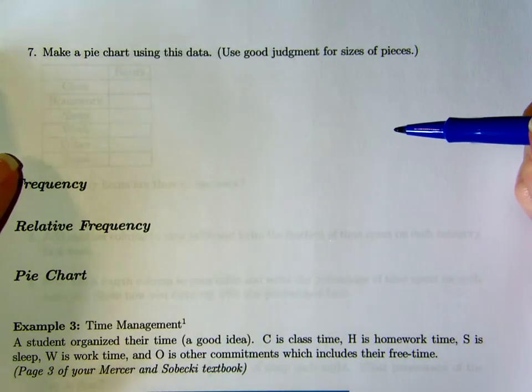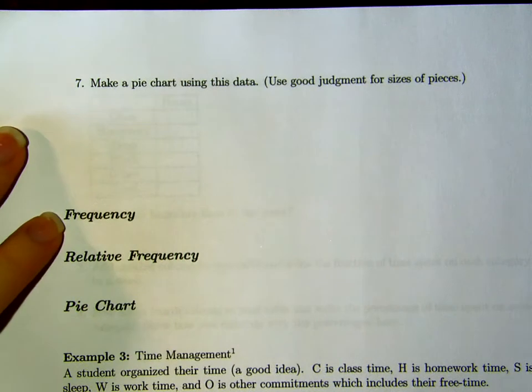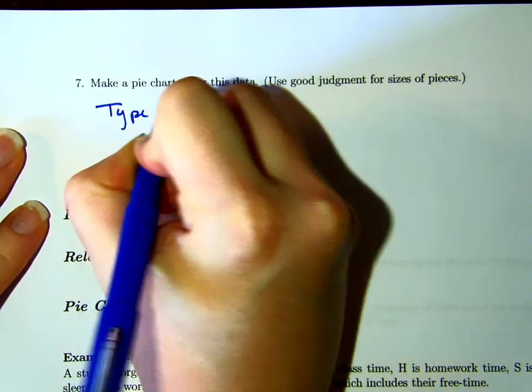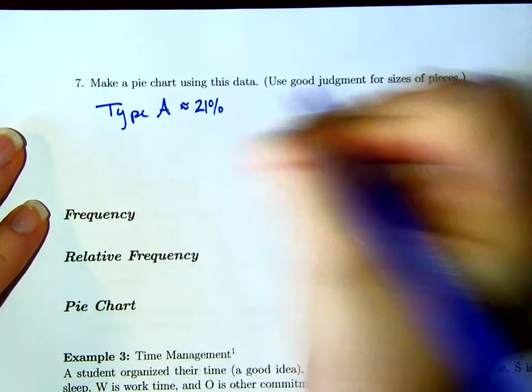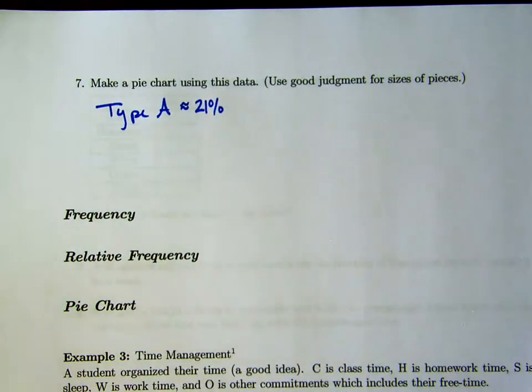Make a pie chart using this data. Okie dokie. If I'm going to make a pie chart, I need to bring back all of that, write down each one of my categories here. Type A was about 21%.